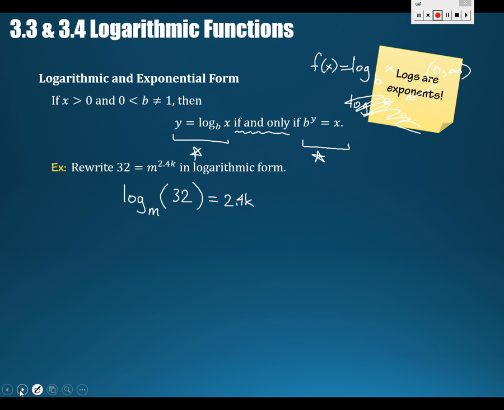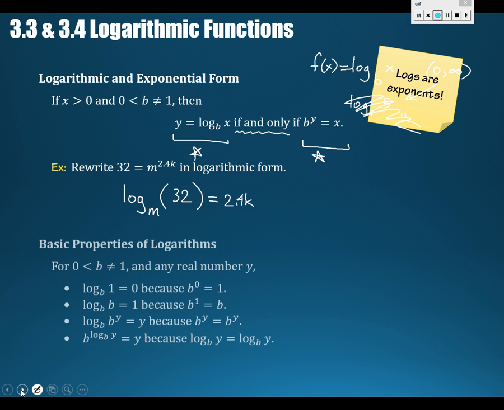Keep in mind that if someone asks you what this log evaluates to, the answer is whatever the exponent is. If you want a really simple definition of logarithms, you might just say that logs are exponents, which some of you from last year might remember.